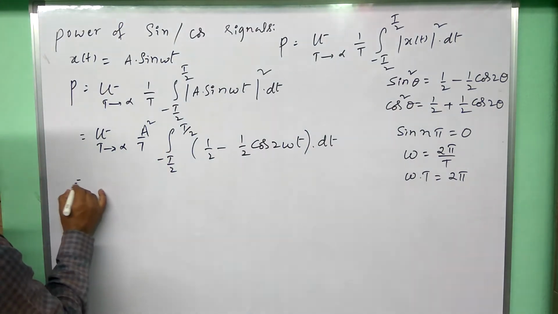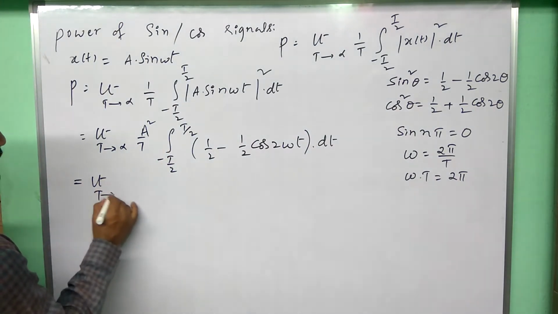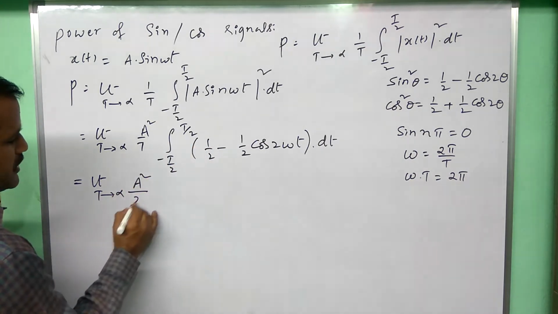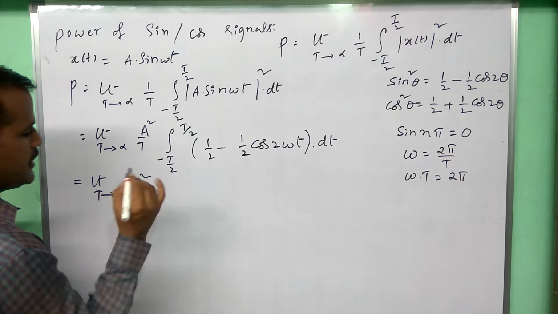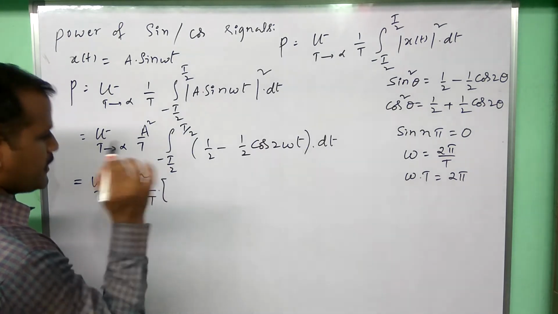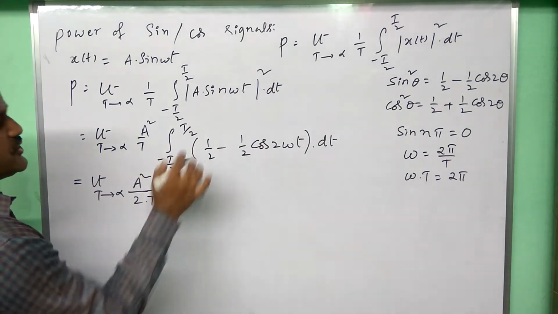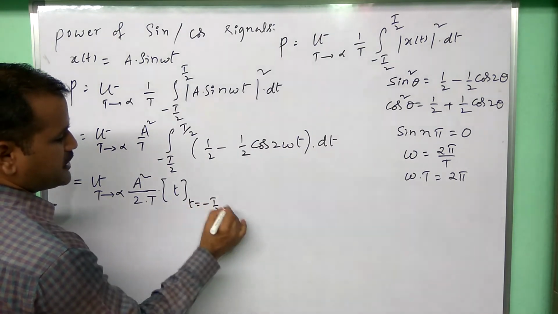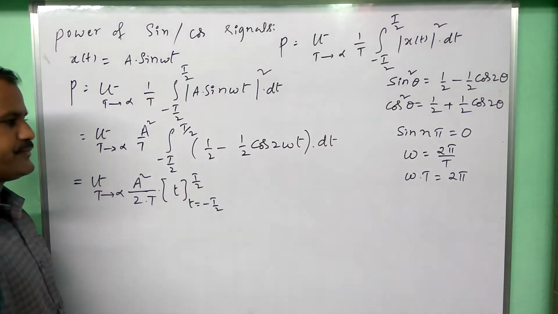First term: limit T tending to infinity, A square by, here 1 by 2 we can also take outside, 1 by 2T, and integration of a constant, that is t, with t running from minus T by 2 to plus T by 2.